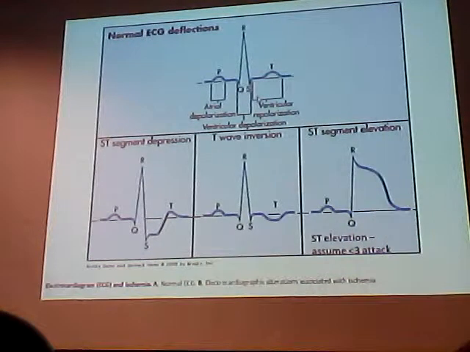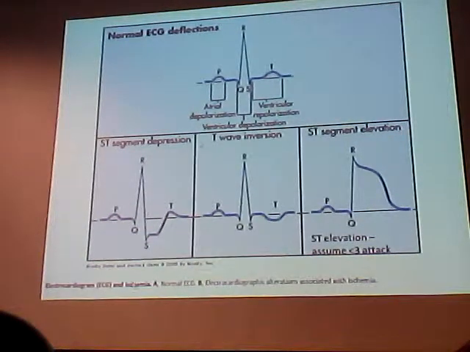Once it contracts, it has to rest to allow it to refill. So then you get a T wave for ventricular repolarization, and then you start all over again. Atrial kick, QRS, so the ventricle contracts, and then it rests. That's time for filling again.